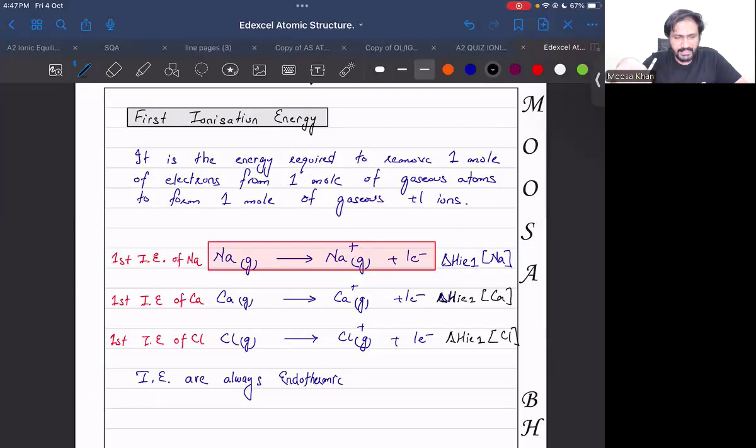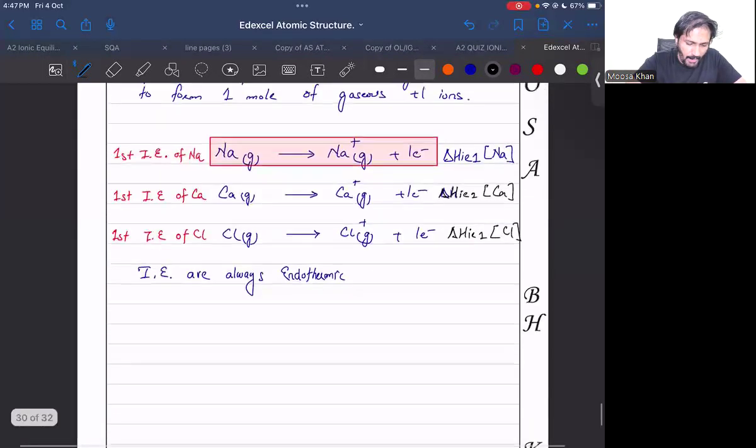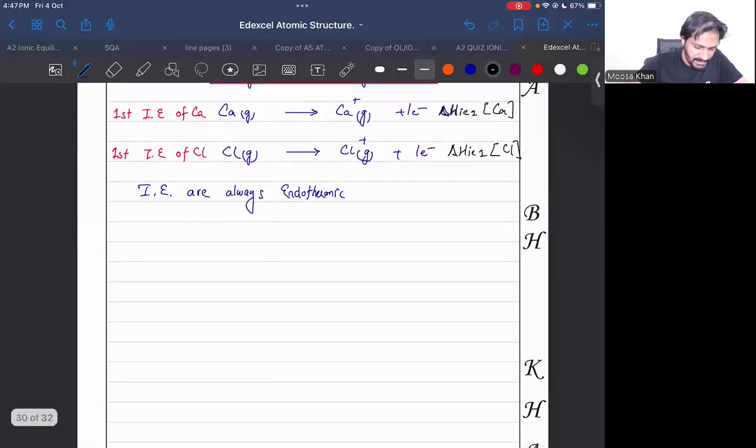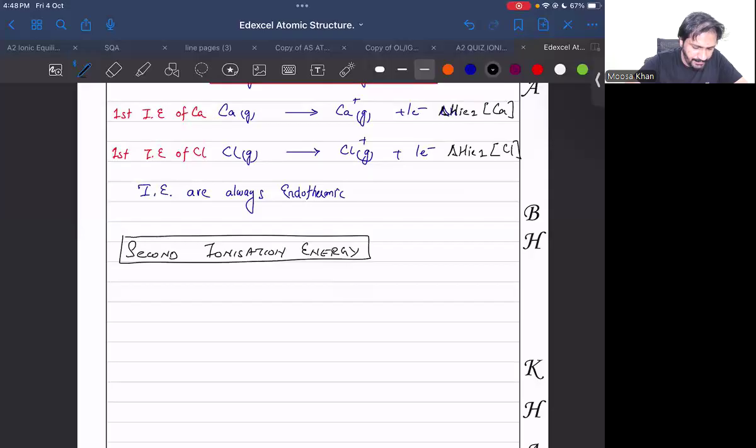Let's just get done with the definition, and then we will go to the data booklet and we will see the values of first and second ionization energies of a few elements. And how would you define second ionization energy? Can anyone just try to define second ionization energy?